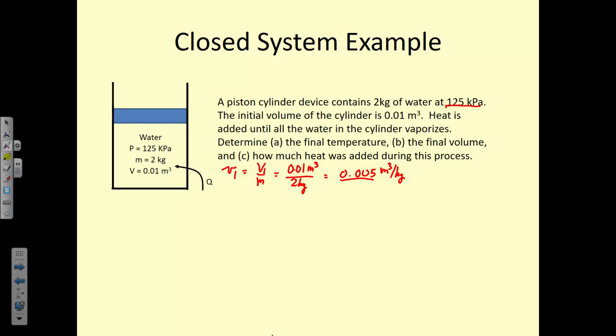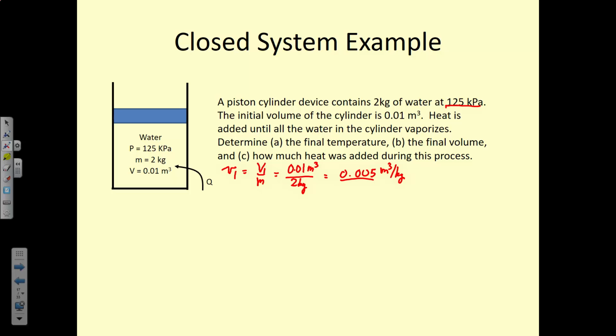What is the state of our fluid at this point? If you have your books, follow along. Okay, it would be a mixture. And how do you know that, Patrick? Okay, so what table are you in?